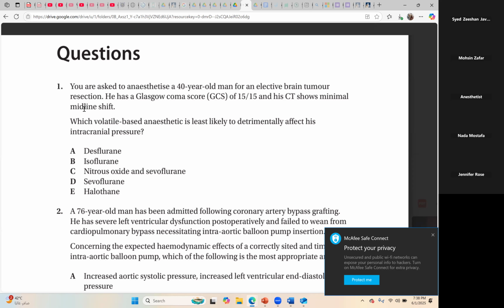Another thing is that sometimes these are secreting tumors, for example pituitary tumors, so you should know the effects of those secretions.